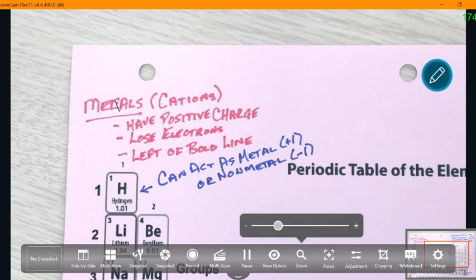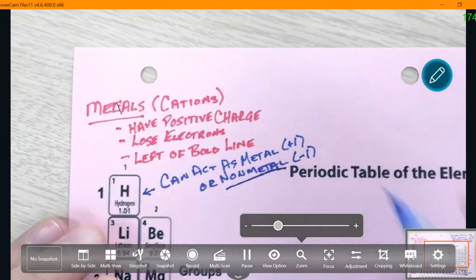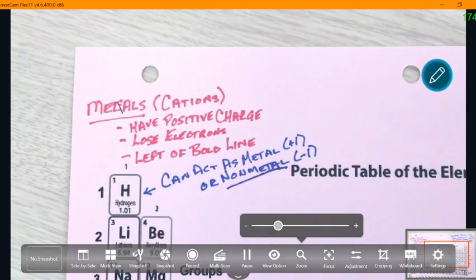Please understand though, it is actually a nonmetal. It is a nonmetal, but it can act like a metal does at times. Questions?